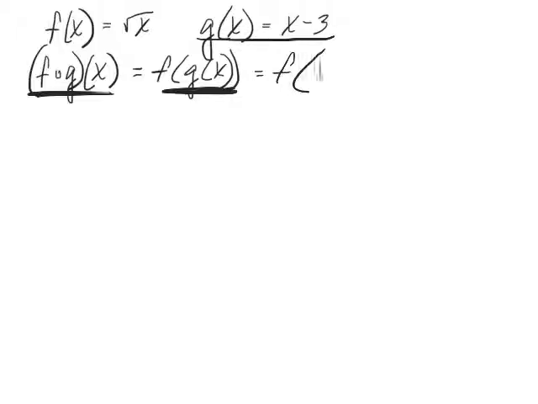So I'm just going to replace g of x with x minus 3. And then that says wherever I see an x up here, I'm going to put that in its place. So then that is going to be the square root of x minus 3. And that's what I'm going to get for an answer there. Okay?